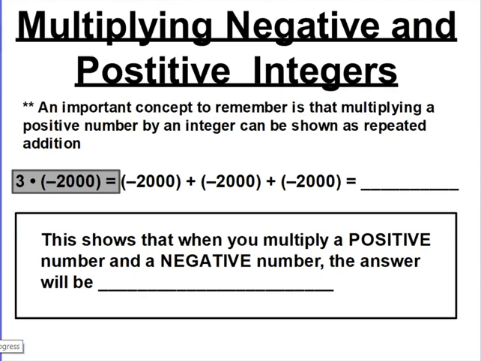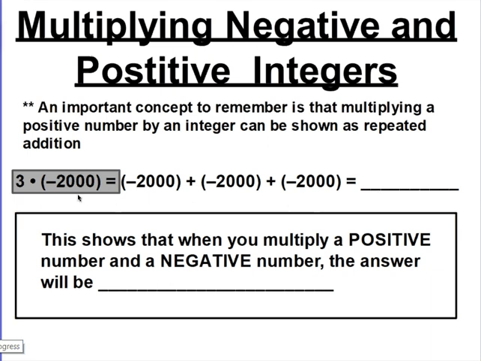One thing that we've learned is that when you add negative numbers to other negative numbers, the answer becomes more negative. So for example, the problem on the screen says negative 2,000 plus negative 2,000 plus negative 2,000. When we add those together, we should get negative 6,000 as our answer. We can write that problem as a multiplication problem instead of addition, because we know that repeated addition is the same thing as multiplying.